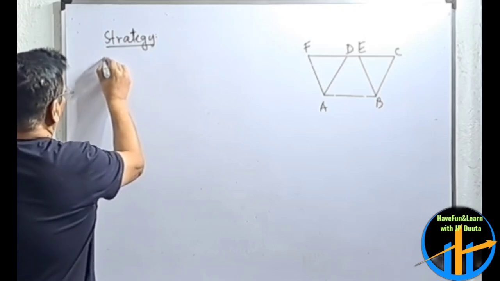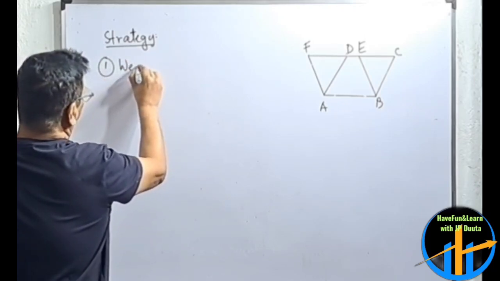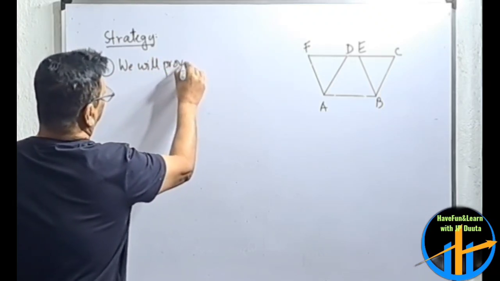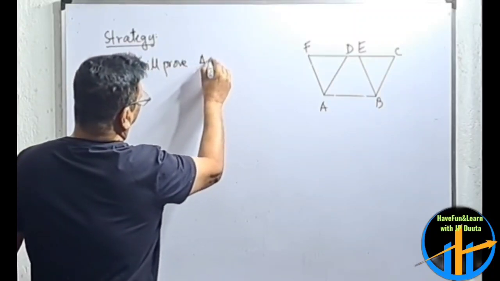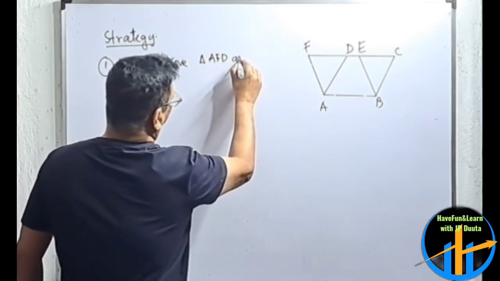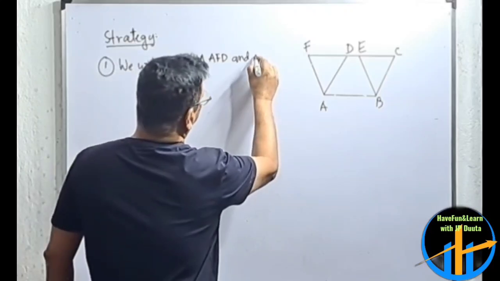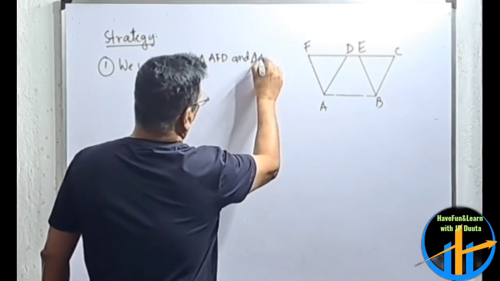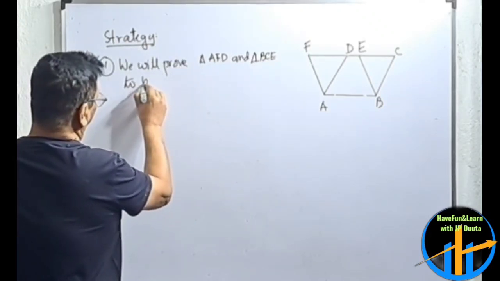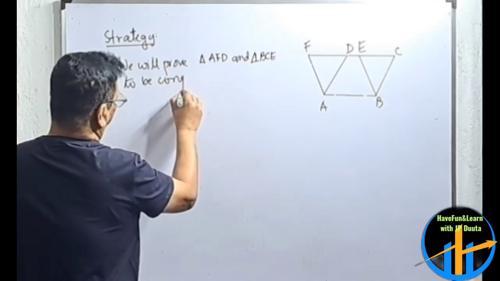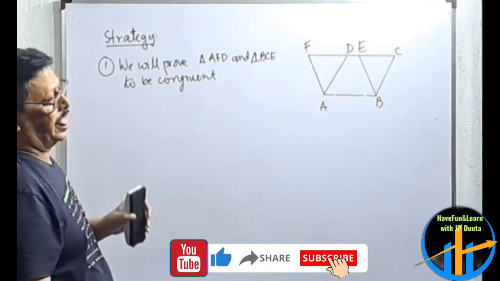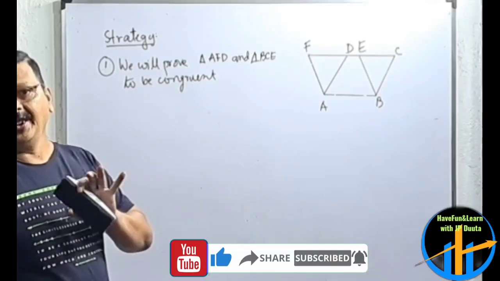Number one, we will prove triangle AFD and triangle BCE to be congruent. Right? Now the moment you prove them to be congruent, their areas are equal.